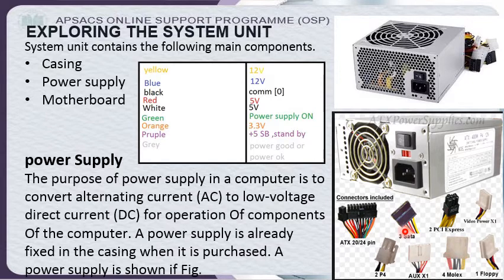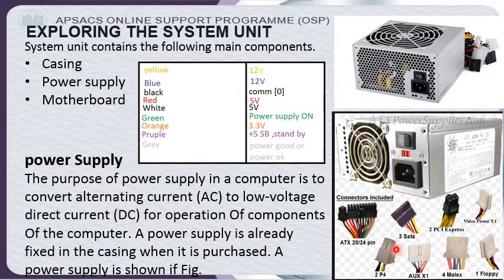One is yellow 12 volt, red 5 volt, and orange 3.3 volt. So anywhere a yellow line is there, it means 12 volt. Anywhere a red line is there, it means 5 volt.